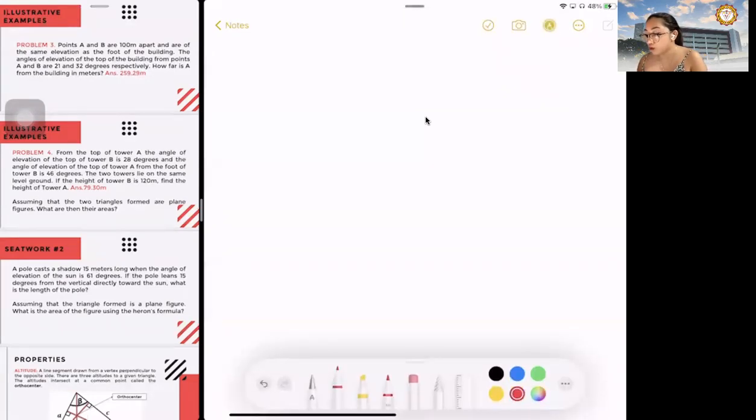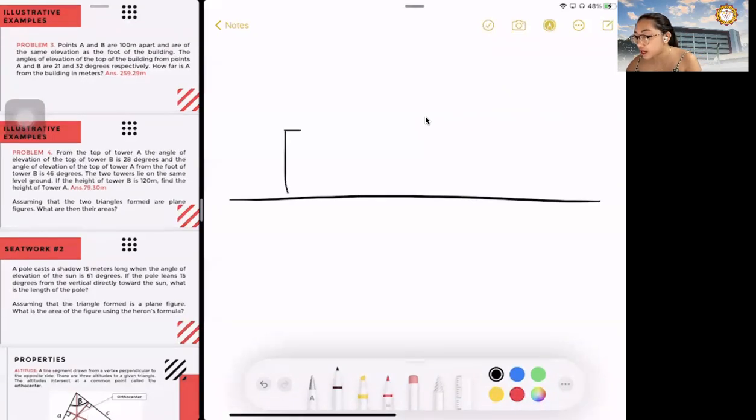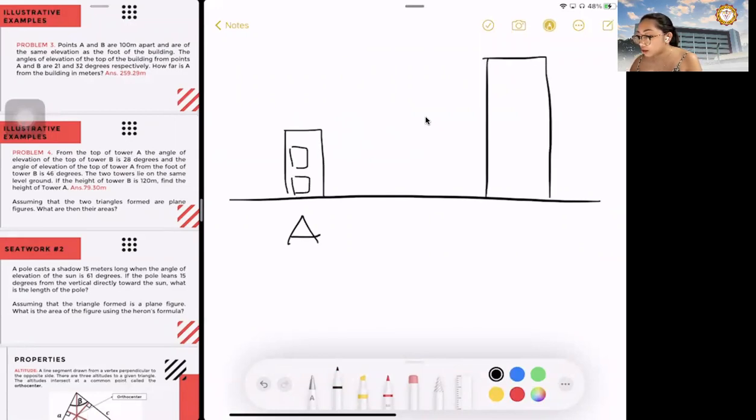Okay, so let's draw that. That's the hardest part, no? Drawing the problem. So you have tower A, okay, and then you have also, okay, that's too big.